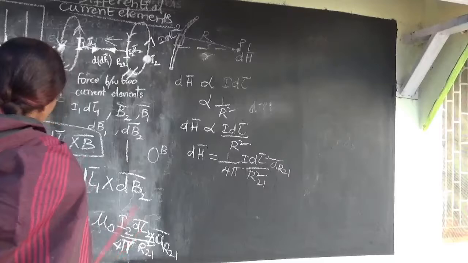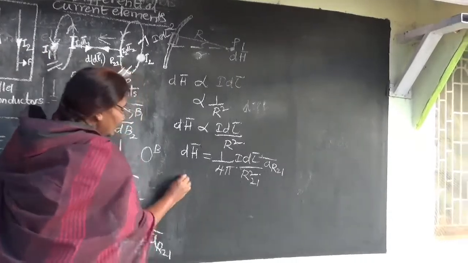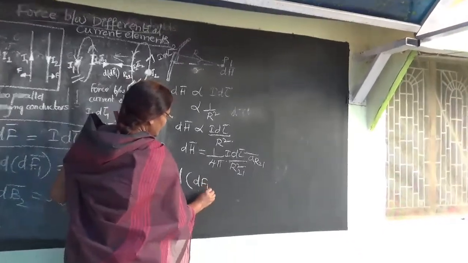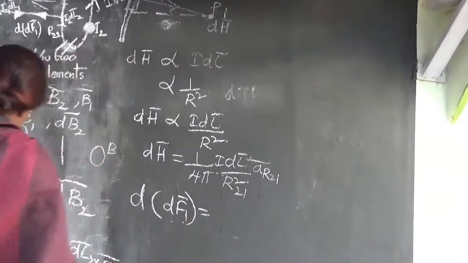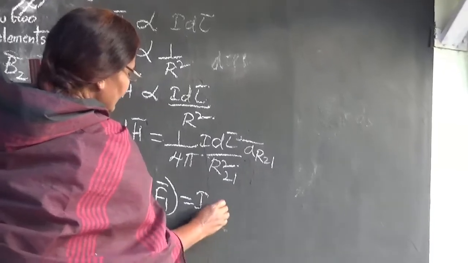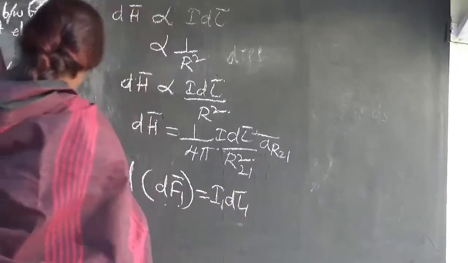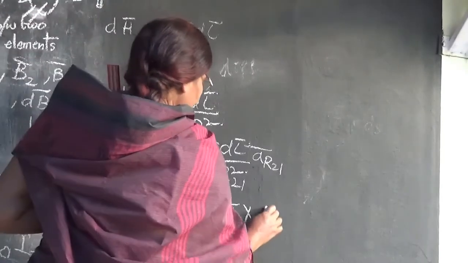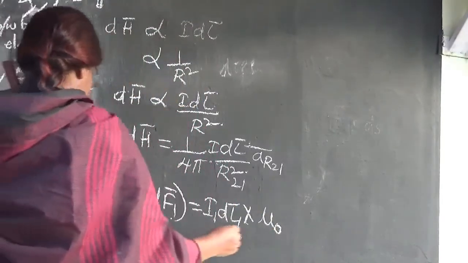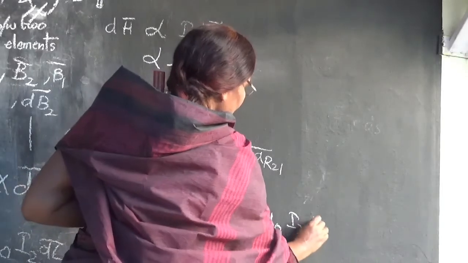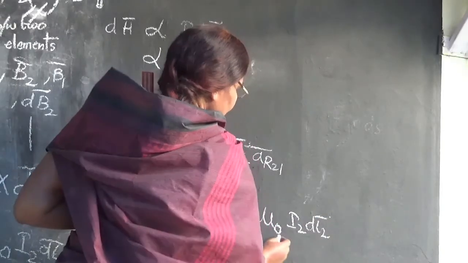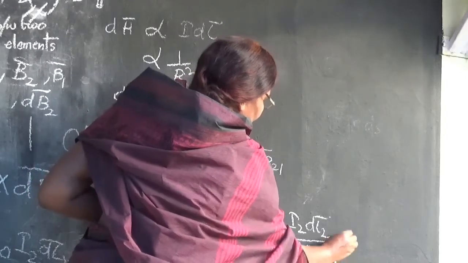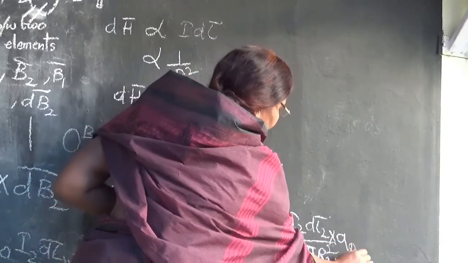If I substitute this in this equation, d of dF1 bar is going to be I1 dL1 bar cross mu naught I2 dL2 bar by 4 pi R21 square cross aR21 bar.